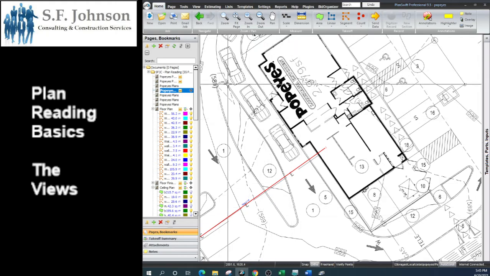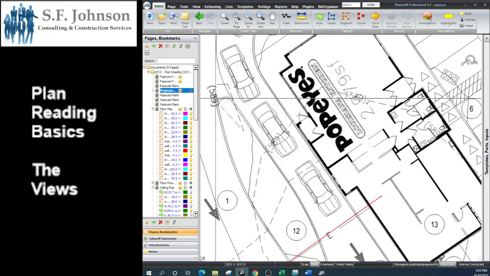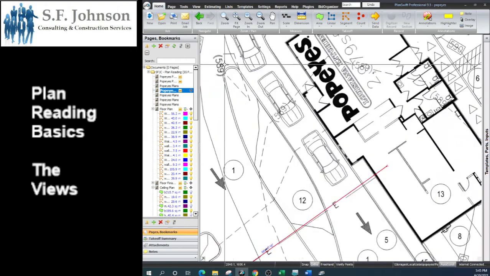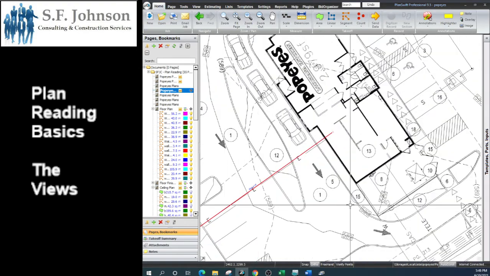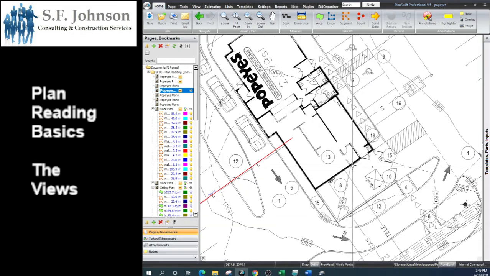It doesn't tell us anything about the thickness or the radius of this angle. It doesn't give us any of that. We could do a very poor job if we decided to use this plan view in order to construct anything here.